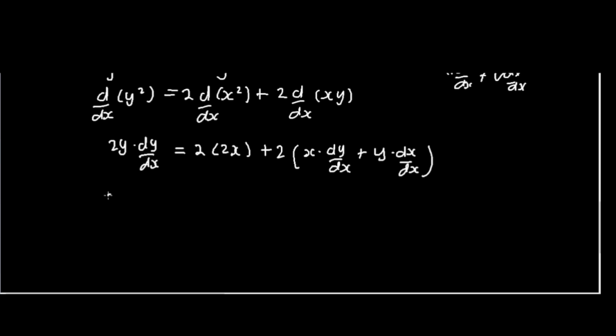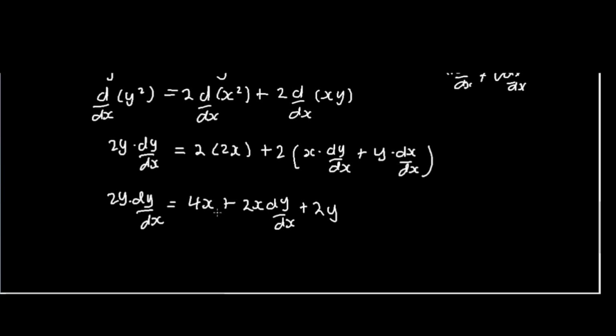So we shall have 2y dy/dx being equal to 4x plus, so these two can enter and multiply every term here, plus 2x dy/dx plus 2y. Alright, like that. And dx/dx is the same as a 1.